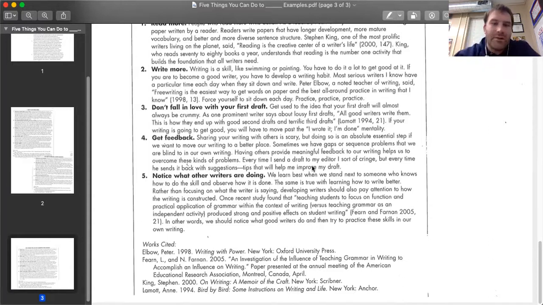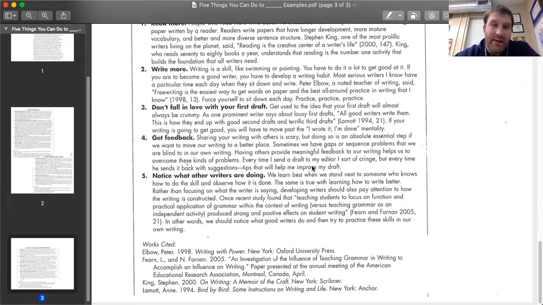Number 5, notice what other writers are doing. We learn best when we stand next to someone who knows how to do the skill and observe how it's done. The same is true with learning how to write better. Rather than focusing on what the writer is saying, developing writers should pay attention to how the writing is constructed.